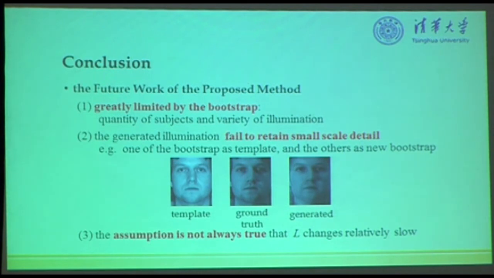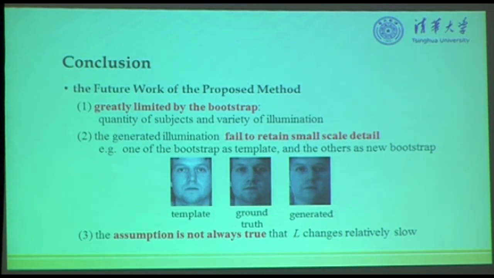The first one, the most important one, is that this generative method is greatly limited by the bootstrap. There are two aspects. First is the quantity of the subjects in the bootstrap. The more, the better. Second is the variety of illuminations.